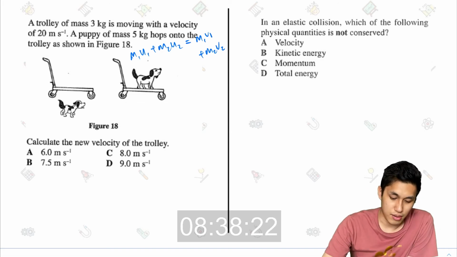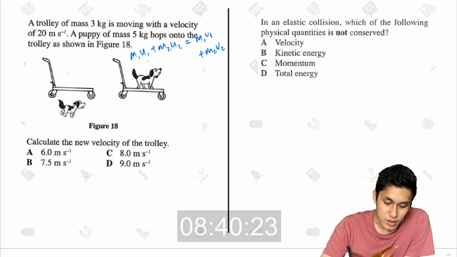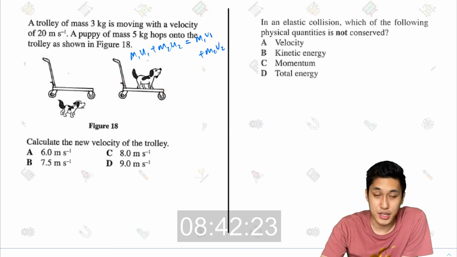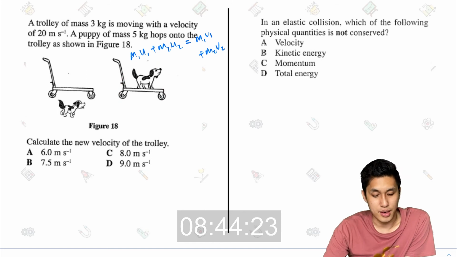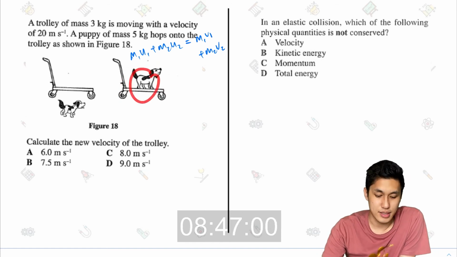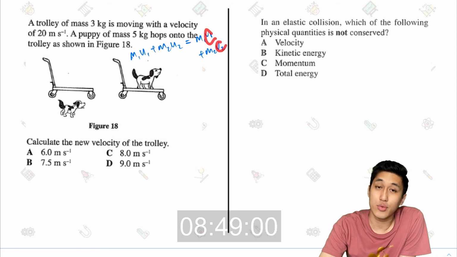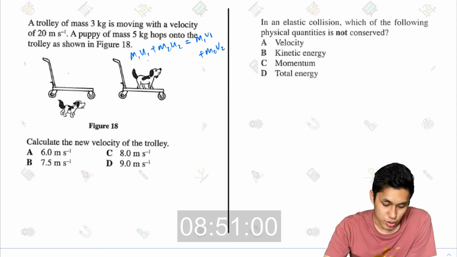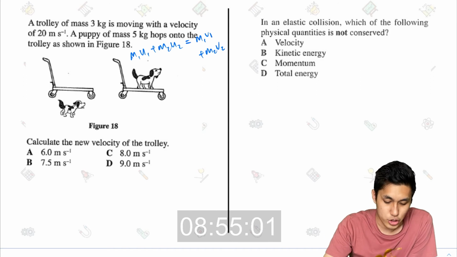And since towards the end, after the collision or after the process, both of these things move together, their velocity will be the same. So the mass of the trolley is 3 kg.